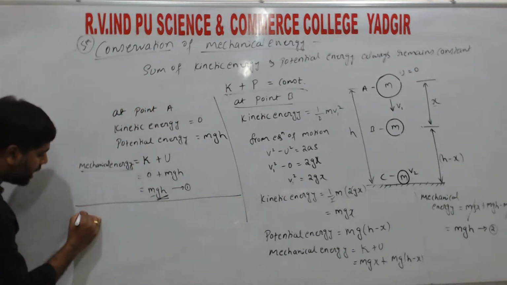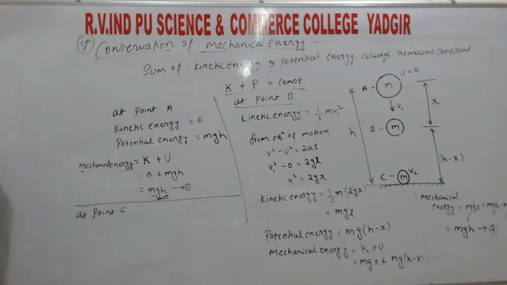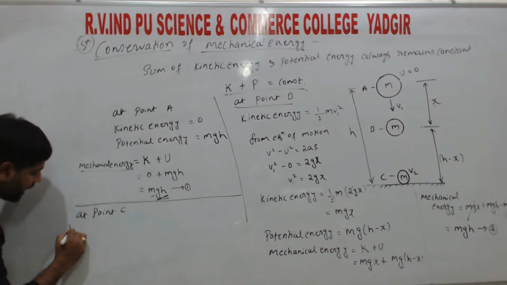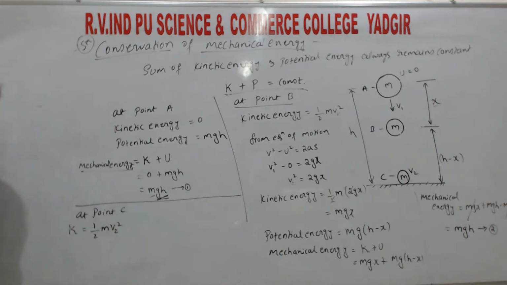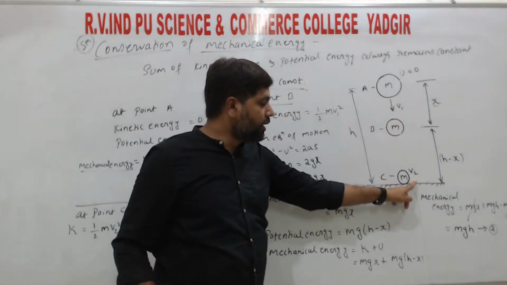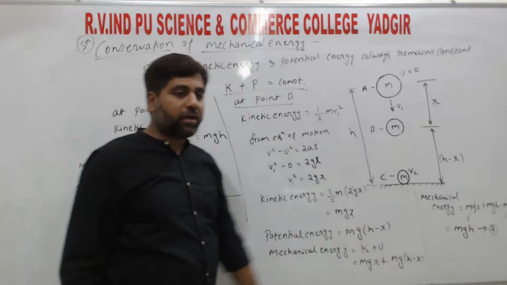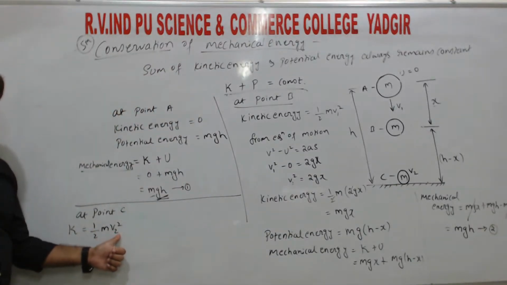So next, at point c, the kinetic energy is equal to half m v2 square. Earlier we considered the velocity v1, and here as it arrives the velocity is v2, right? So the kinetic energy relation is half m v2 square, right?